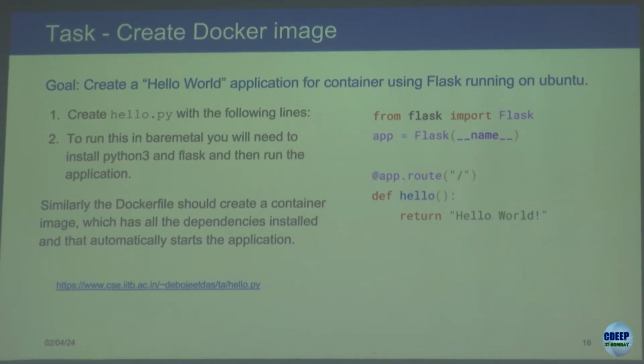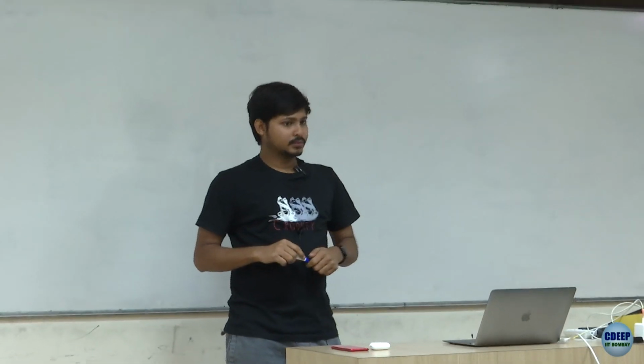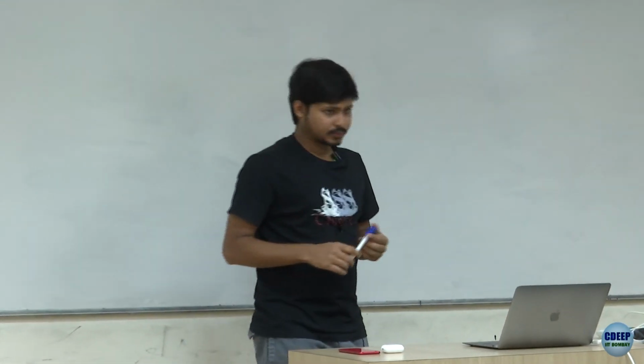Flask is basically just a wrapper to create a web service, and based on the URL that you provide, you can switch to a custom function. In this case, for example, app.route slash specifies the base URL. It will switch to a function called hello and then return hello world.